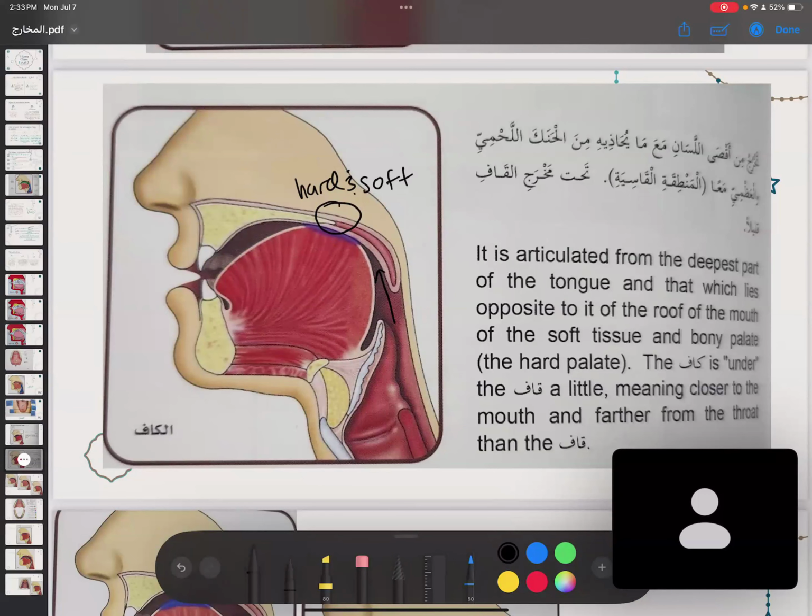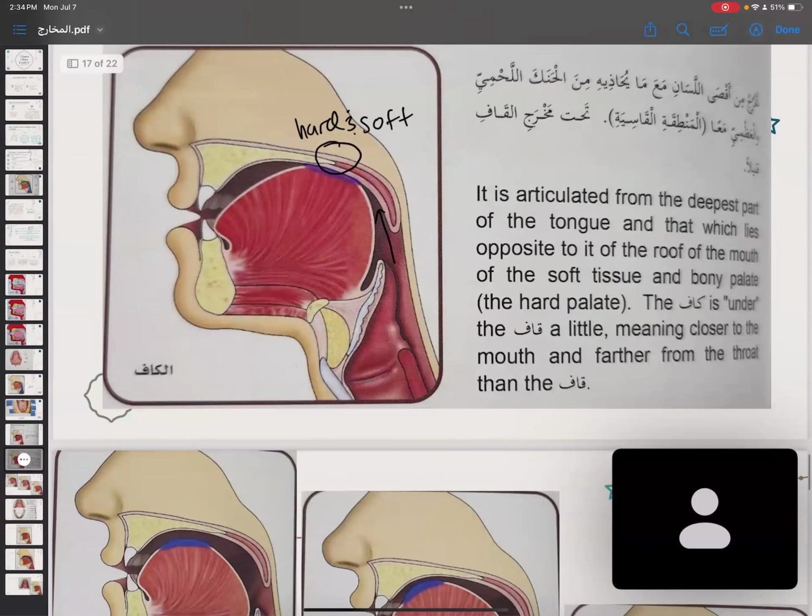That's why different sounds come out for the different letters. It's still aqsa al-lisan, but it's touching both the soft and the hard part of the top of the mouth, and it's farther away from the halq. So that's why we get different sounds.